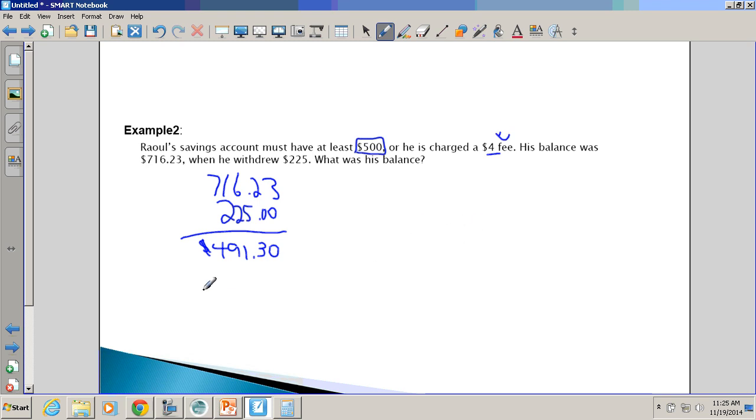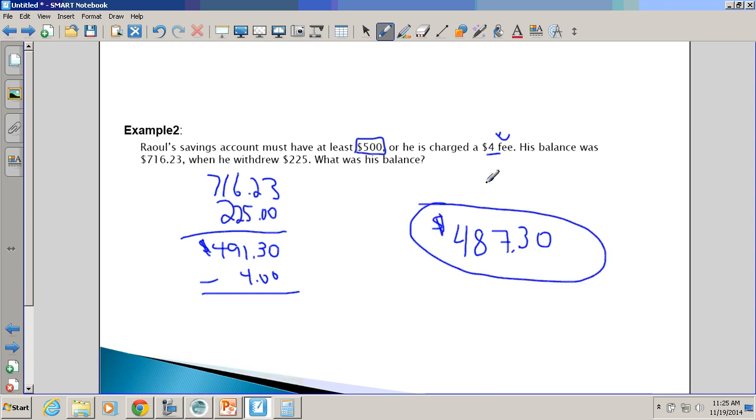So really in his account, after I subtract $4 more, what he has is $487.23. That's what he has in his account. Now, another day goes by. He's going to lose another $4 until he gets this up to $500.